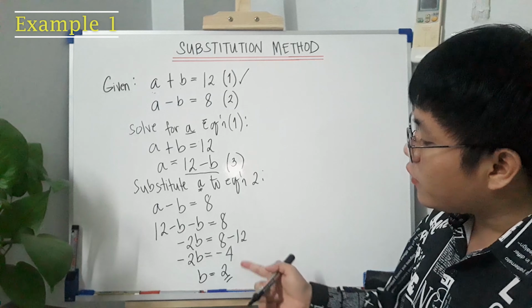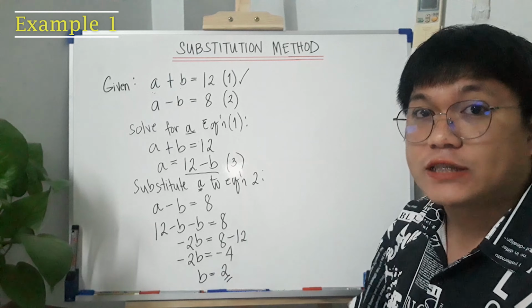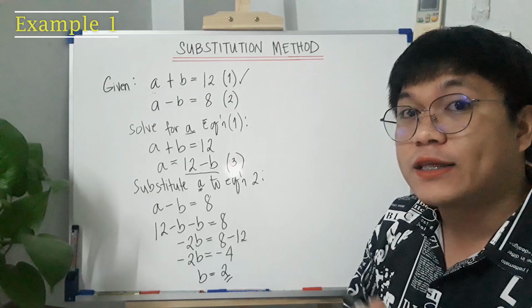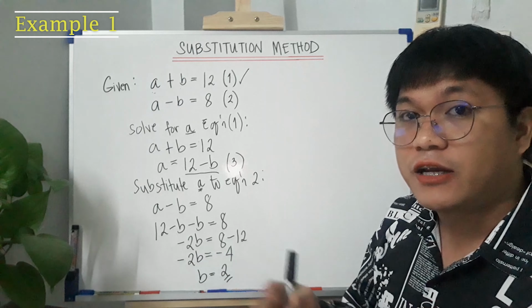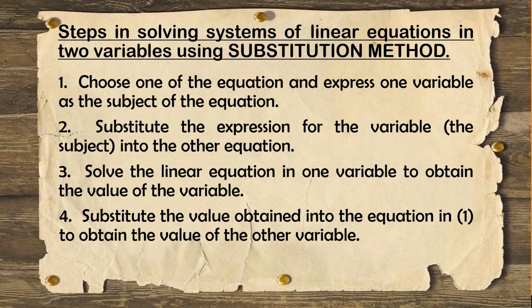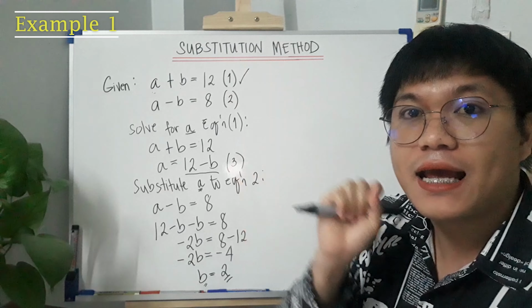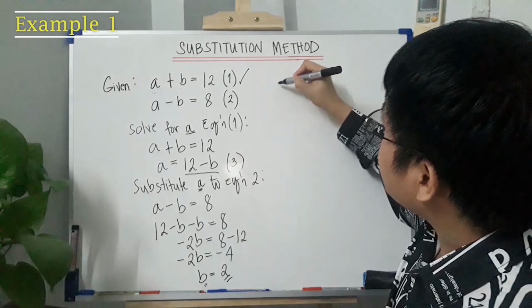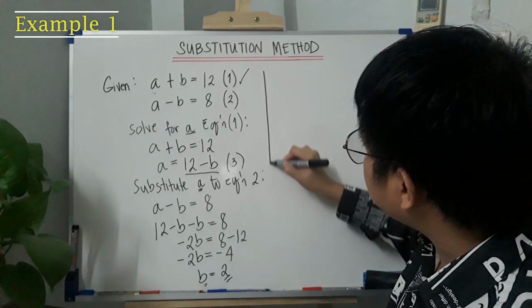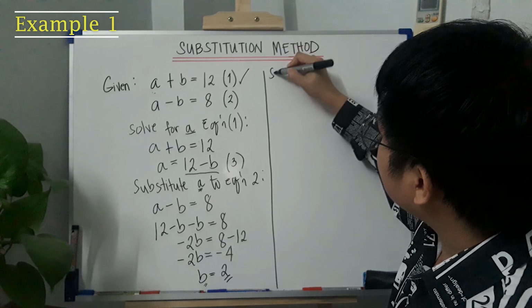Okay, since we already have the value of B, which is positive 2, it is our goal now to solve for the remaining variable, which is the variable letter A. So what are we going to do? We are going to substitute B to equation number 3. So we are going to continue our solution here.